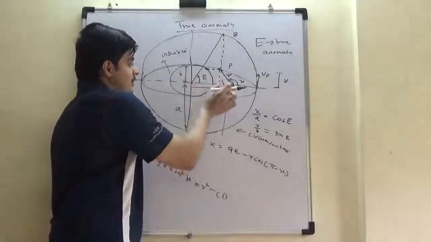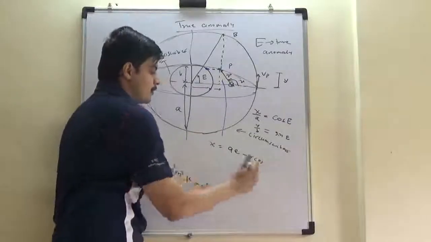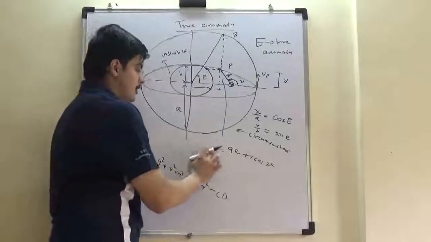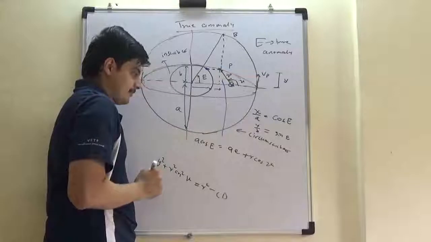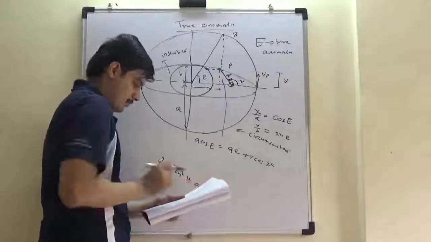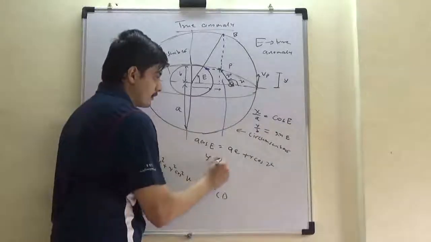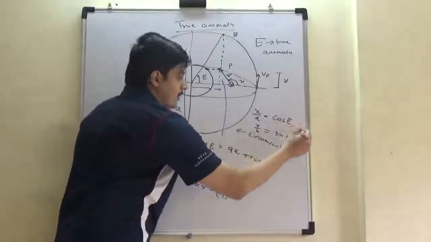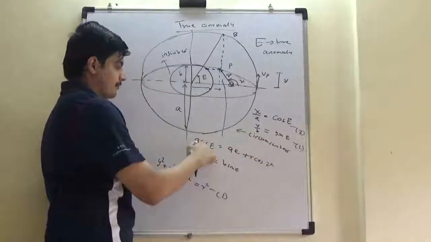But what is cos of pi minus mu? Minus cos mu. So x is this. But what is x from here? a cos E. And in this relation, what is y? b sine E. So you have relation 2, relation 1, relation 3.